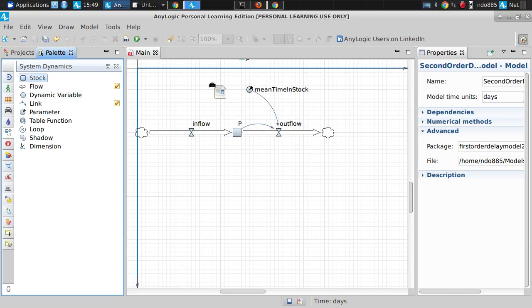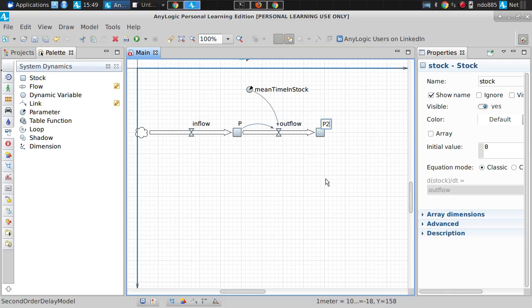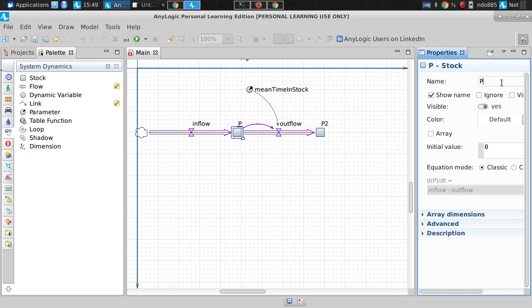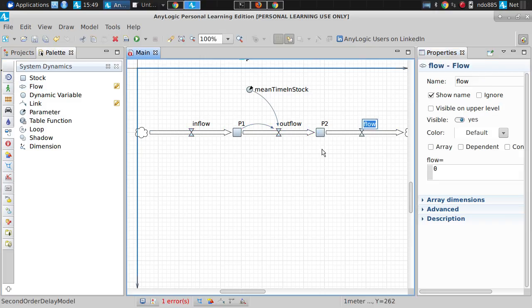So we're going to drag in a new stock, and we're going to call it P2, and we're going to rename the previous one to P1. Next, we are going to drag in a flow out from P2, which is going to say overall outflow.